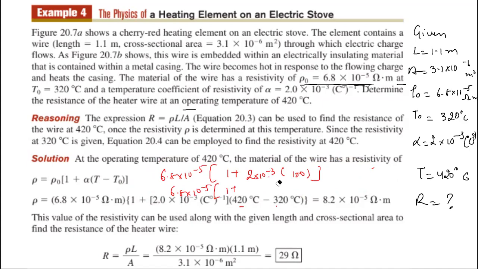Let me write it in this form. So 100 can be written as 10 to the power 2, right? So I have 10 to the power minus 3 times 10 to the power 2. We have already discussed in our previous videos, 10 to the power a times 10 to the power b, what's the formula? a plus b, right?